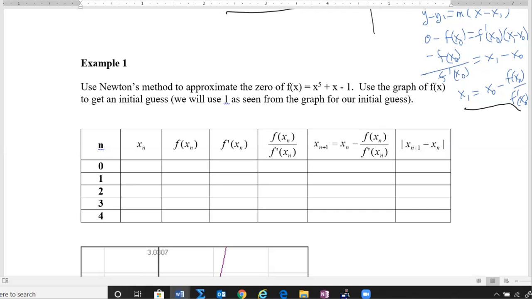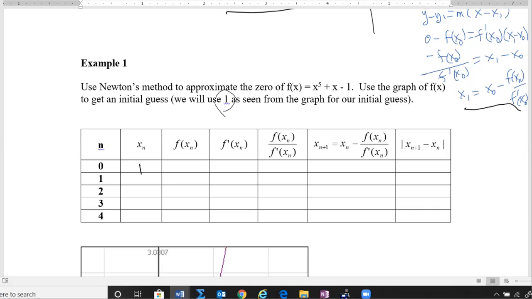So, okay, here's our function, and unless you're told what to do, you would just estimate your 0. Here, I'm estimating a 1. I look at the graph and I'm saying, okay, it looks like about a 1. So I would start with a 1. That would be what you'd put in here.